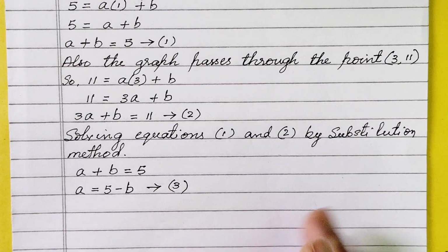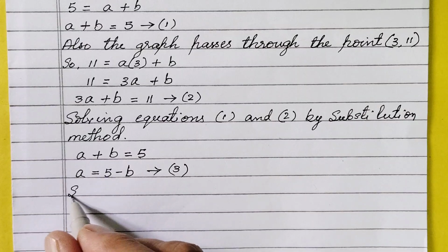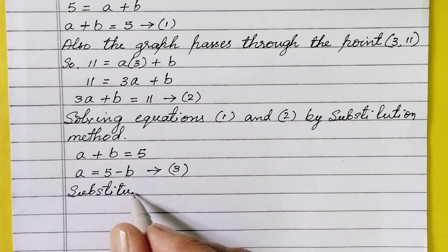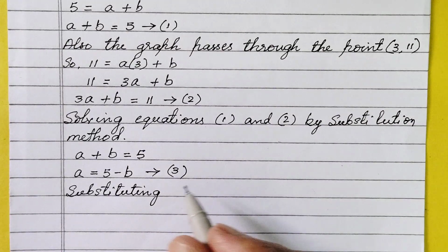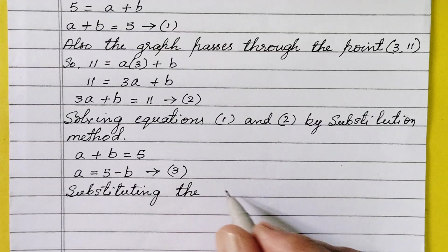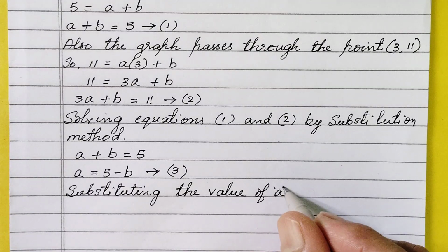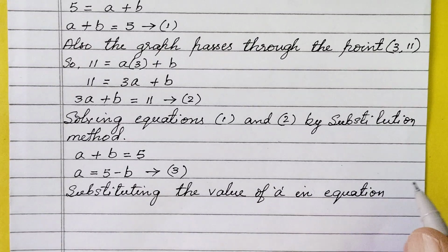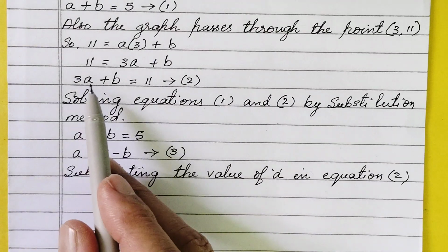So now we'll substitute the value of a in equation 2, because this equation I got from equation 1. So equation 2 is 3a plus b equal to 11.